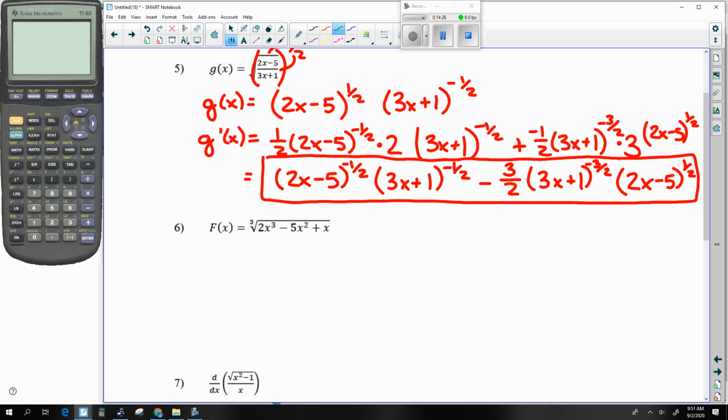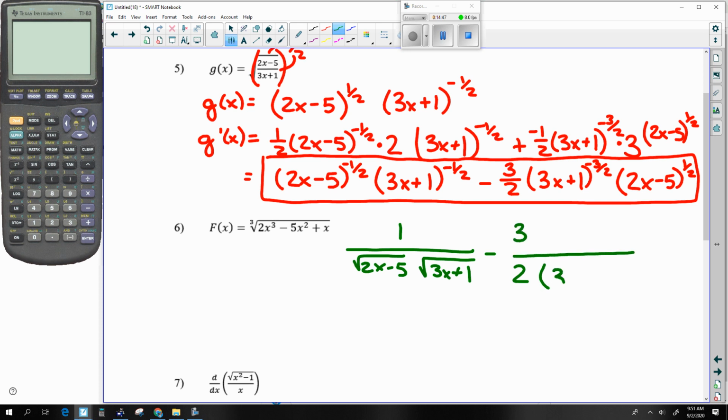Okay, so let's just put things in proper places. So we have a 2x minus 5 on the bottom. We have a 3x plus 1 on the bottom. Over here we have a 2 on bottom, a 3 on top. We have a 3x plus 1 to the 3 over 2 on bottom.